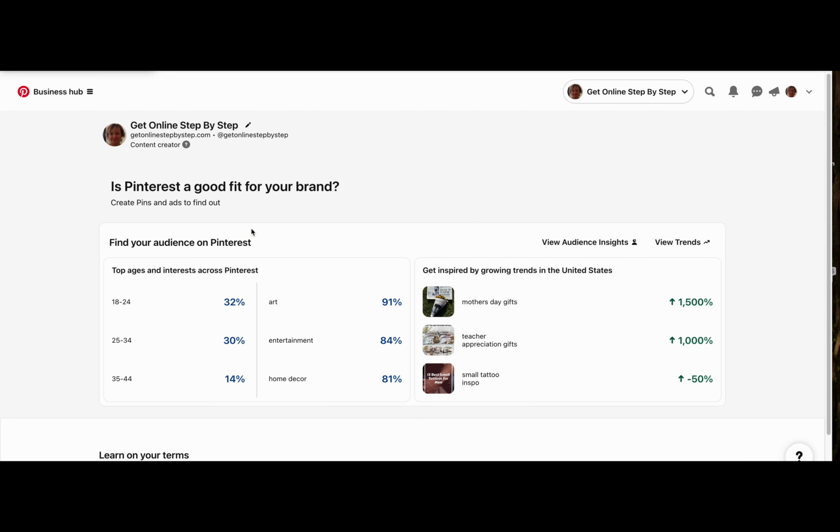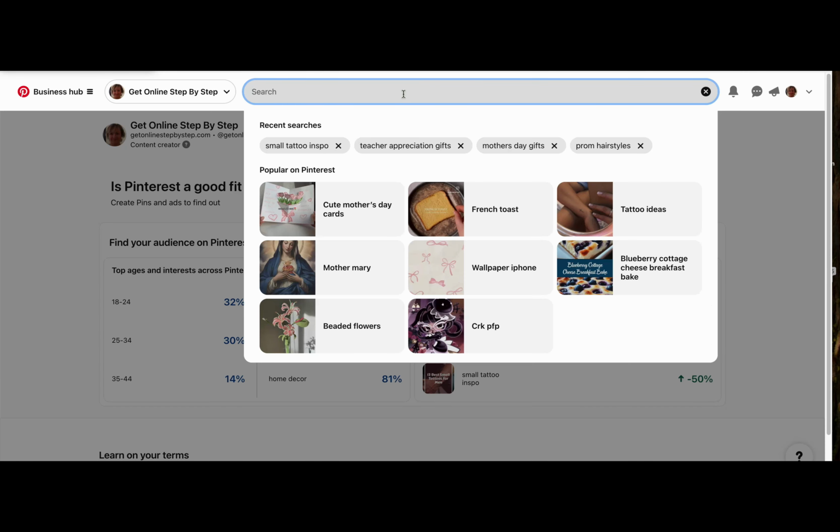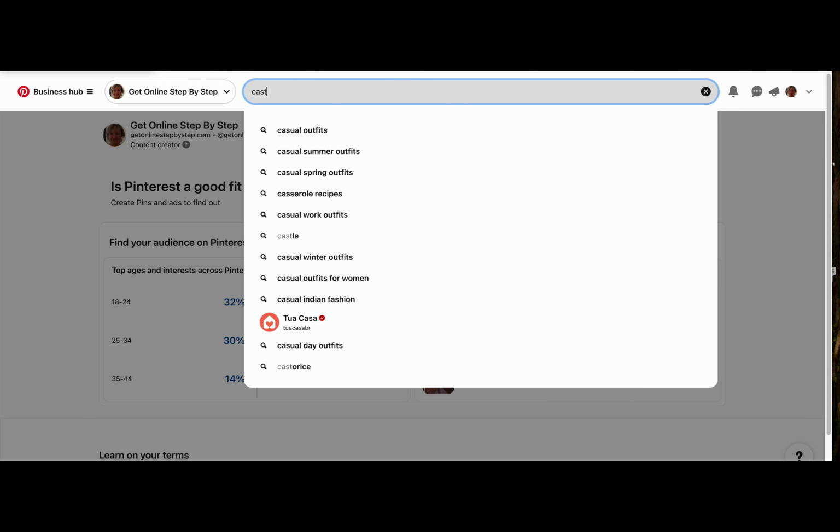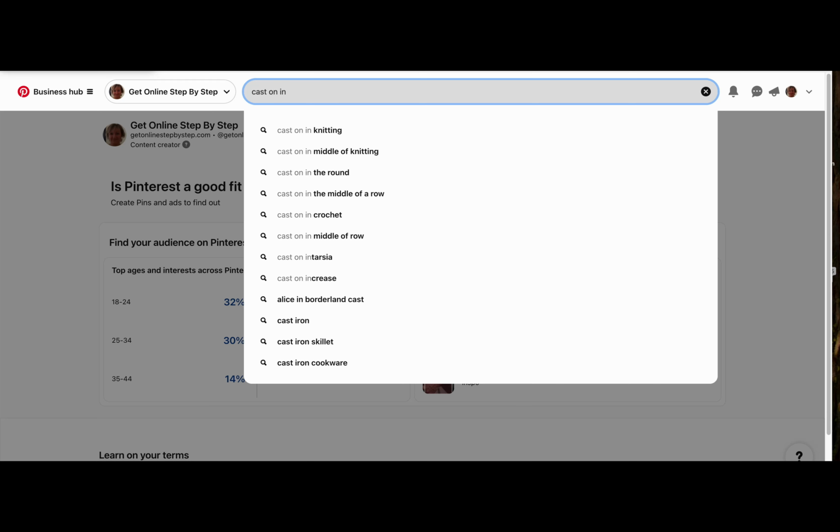Okay, so here we are in Pinterest, and we are going to look for some focus keywords. I'm going to use the knitting example again. So we're going to click on the search icon there, and let's put in cast on in knitting. Oh, look, now we've got cast on in knitting, cast on in the middle, cast on in the round.